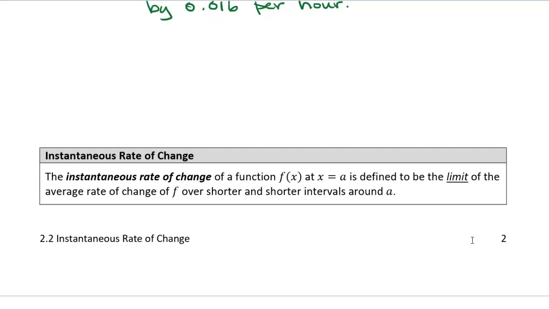But it's very similar, right? It's the limit as those time intervals get shorter and shorter around an interval containing the value that we're interested in. So we're sneaking up on that value and finding the average rate of change as those time intervals get shorter and shorter.